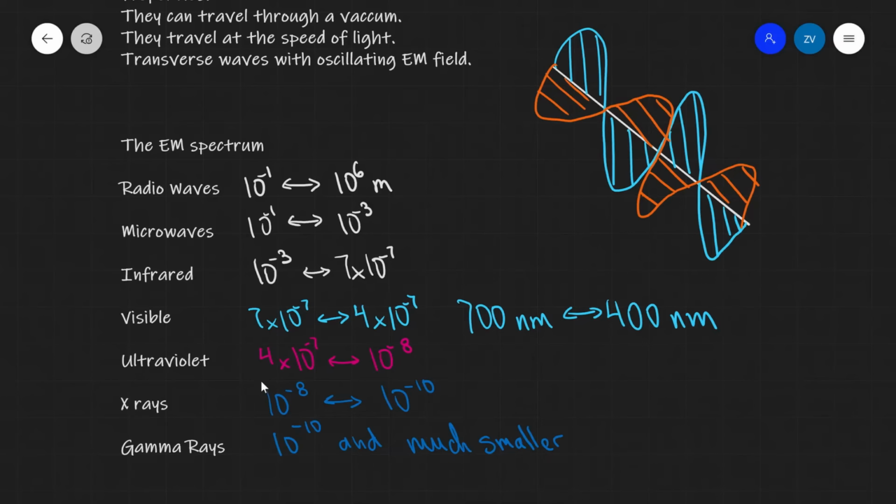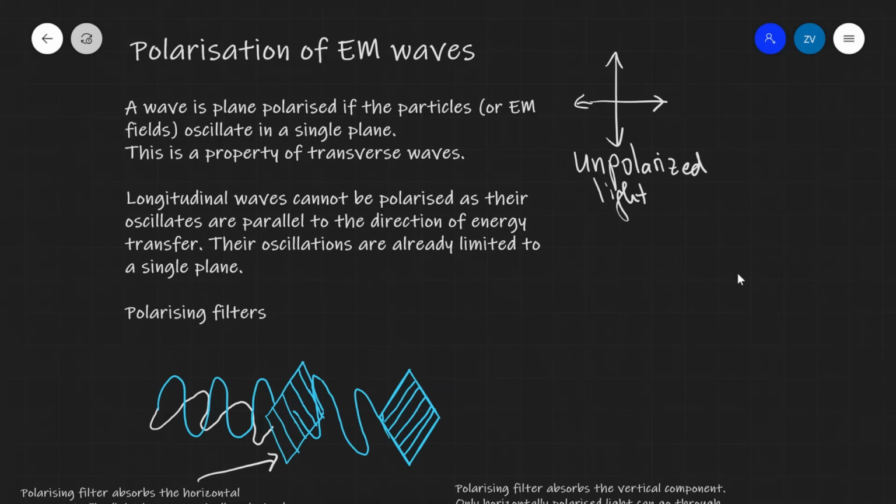Ultraviolet goes after that with a range between 4 times 10 to the power of -7 to 10 to the power of -8. X-rays, -8 to -10, and gamma rays, 10 to the power of -10, and considerably smaller. I believe one of the smallest ones that has been observed has been about 10 to the power of -16 meters. Let's revise the polarization of waves, and in particular of EM waves.